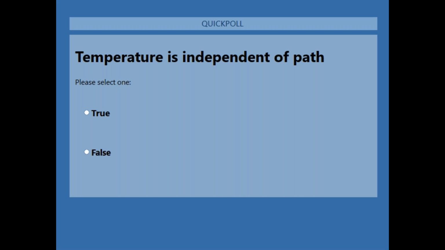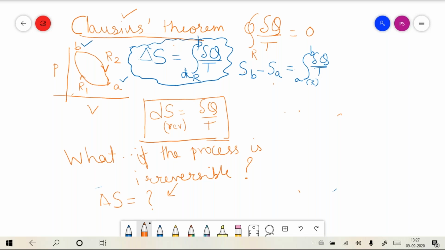So independent of the path taken, you can achieve a particular temperature. Temperature is also a point function. So the correct answer is that temperature, being a property, is independent of the path which is taken. Let me close this and go to the next question.